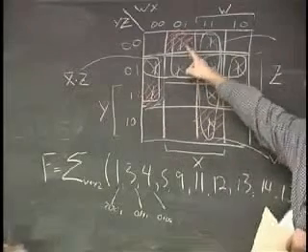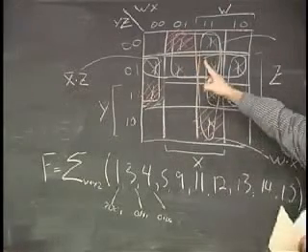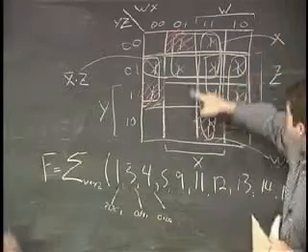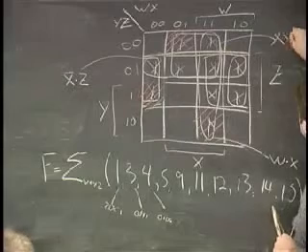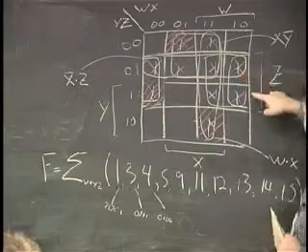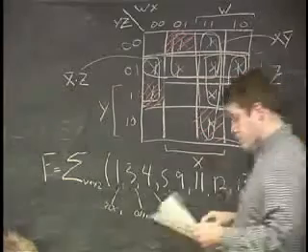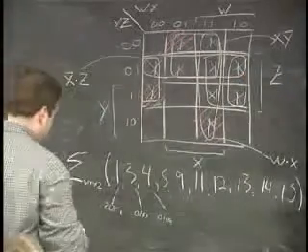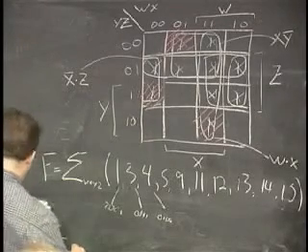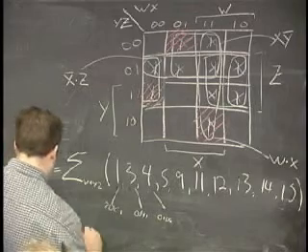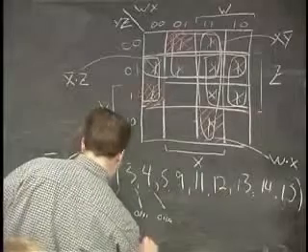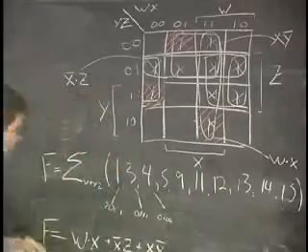And does this one change in W? Yes. So we don't write down W. Does it change in X? No. Does it change in Y? No. Does it change in Z? Yes. So our final logical expression is W and X, or not X Z, or X not Y. Okay?